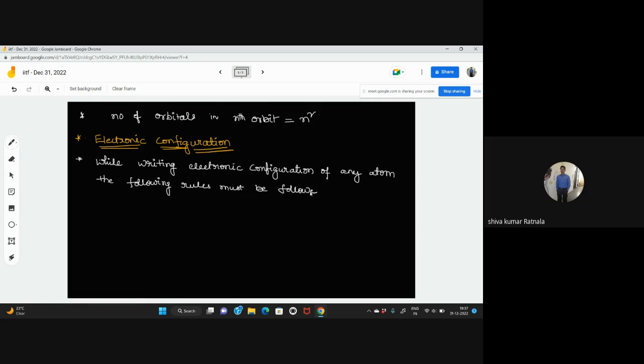First one is the Aufbau principle. Next, Hund's rule. And third, Pauli's exclusion principle.